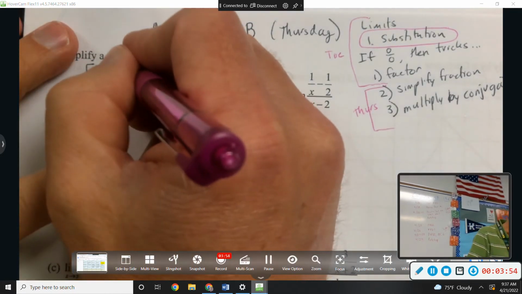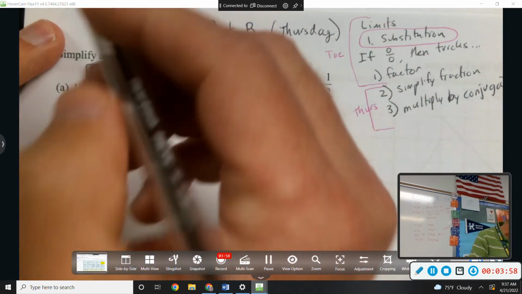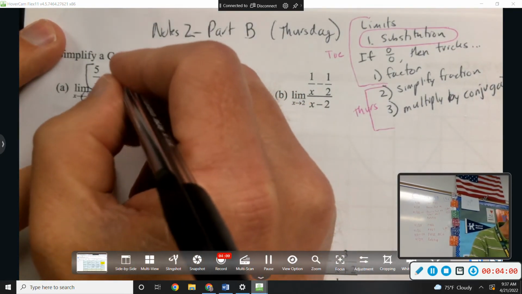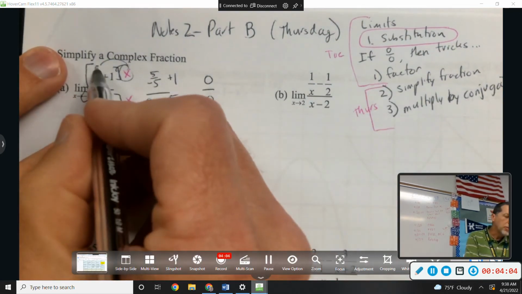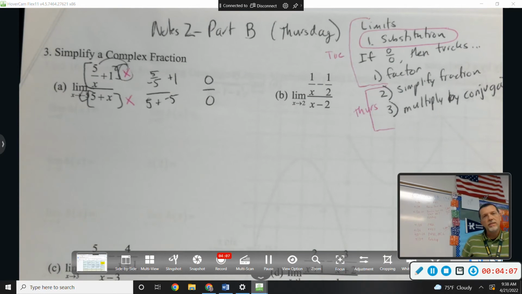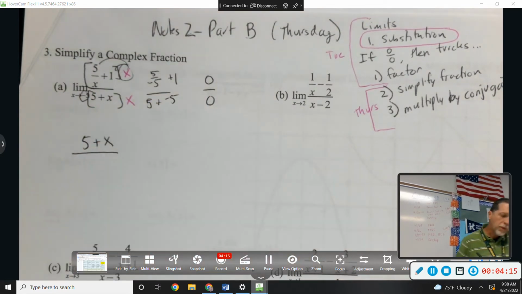X. So I'll multiply top and bottom by x. And we'll see what happens. So I'll distribute the x to both pieces. What happens when I multiply 5 over x times x? Gets rid of the x's. That was the whole point of multiplying by x. So the top becomes 5 plus x.